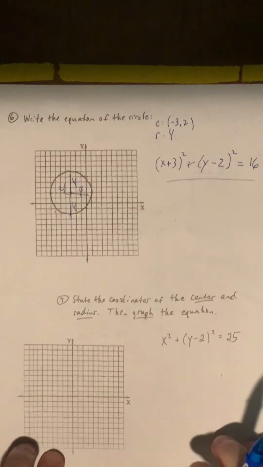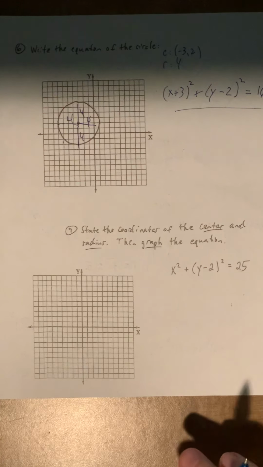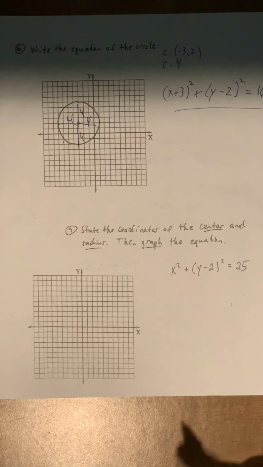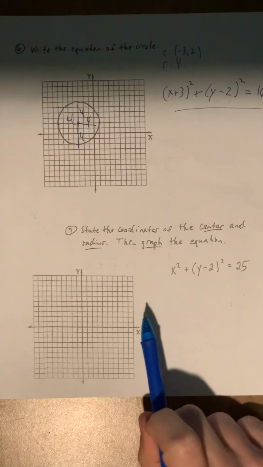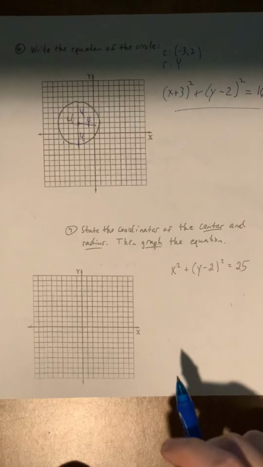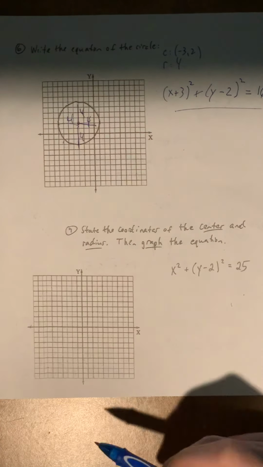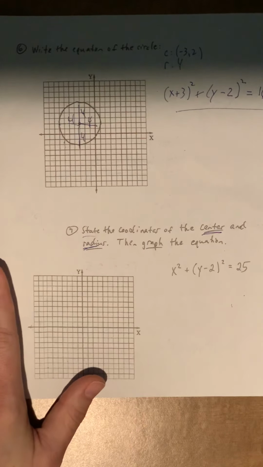And one last problem, number 7. Here we're going to stick with graphing a little bit, and we're going to get the equation of the circle, and we're going to graph it on the coordinate plane. All right, again, in order to graph it, we need 2 things, the center and the radius, which it wants us to give anyway.